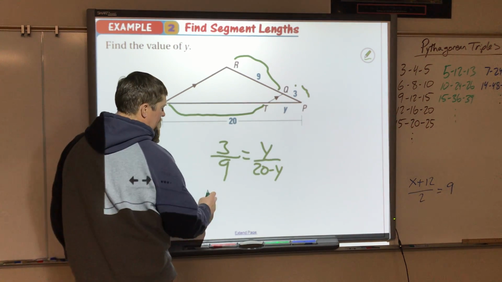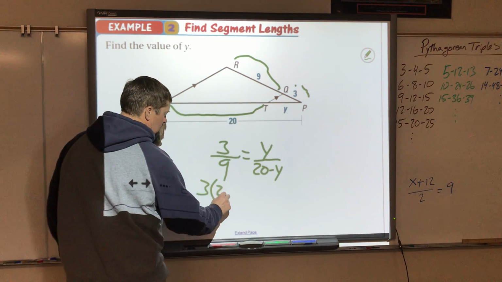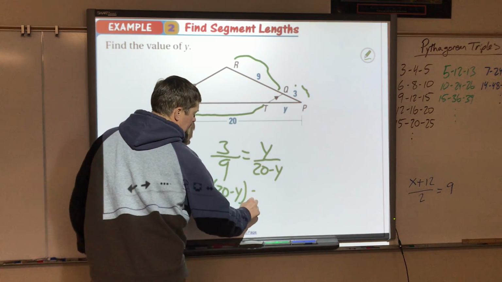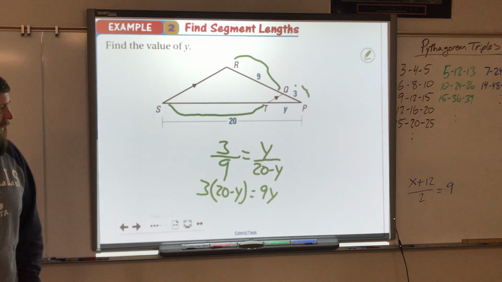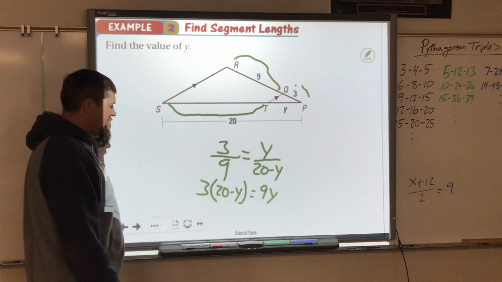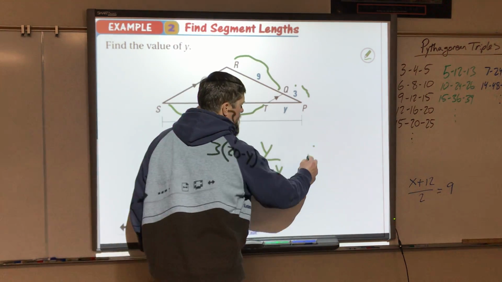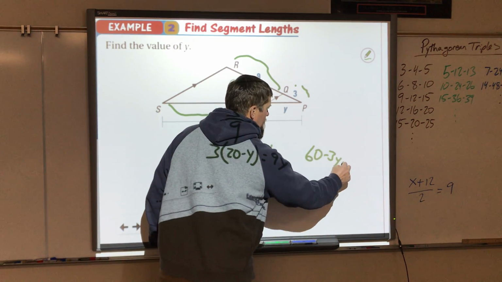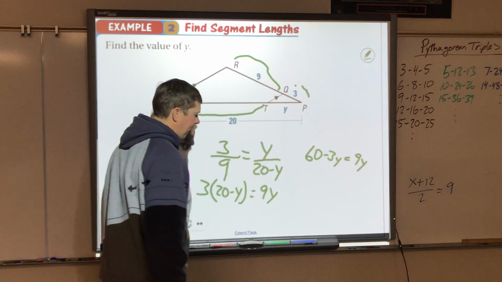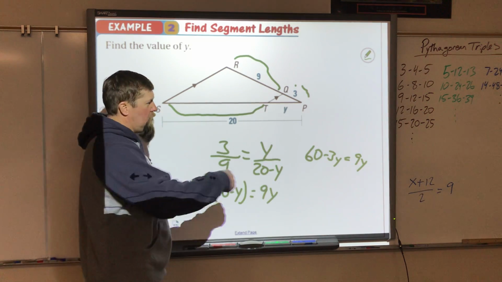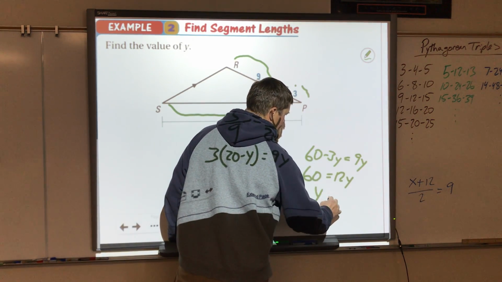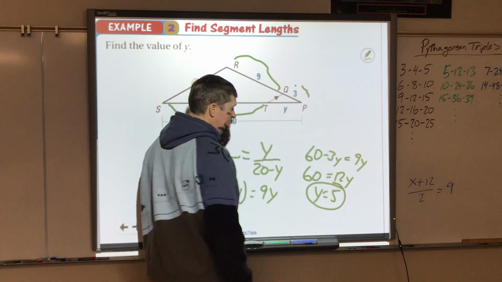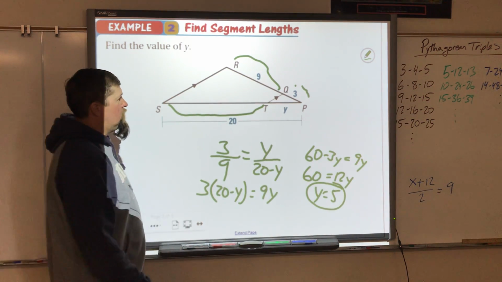When we cross multiply, we have 3 times (20 minus y) equals 9y. We get 60 minus 3y equals 9y. Add 3y over, I get 60 equals 12y. So y is equal to 5. So this is 5.